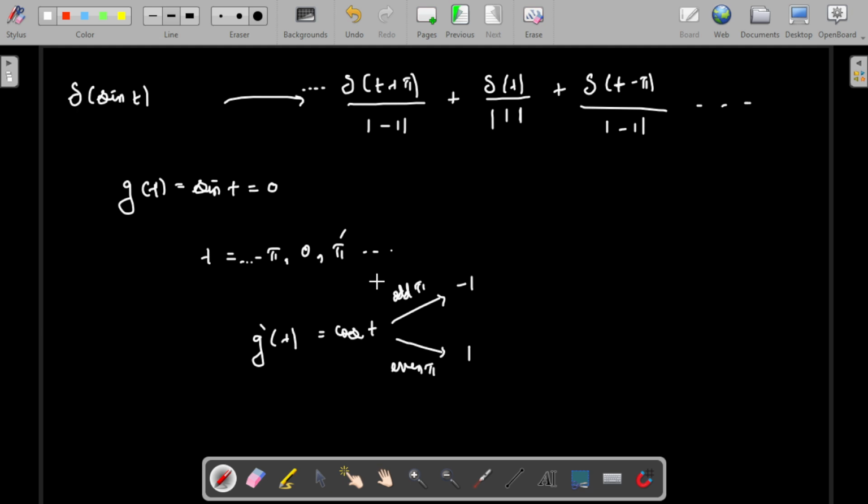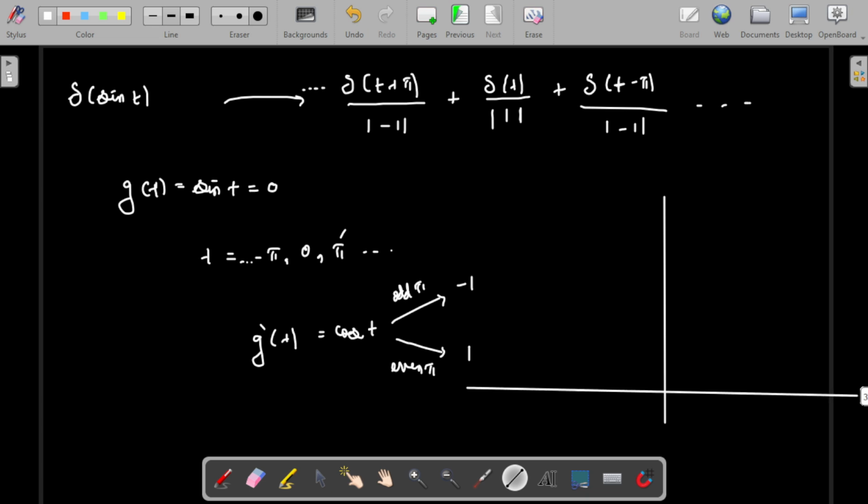So we can draw a diagram for this. Let me draw a diagram. This is how the delta of sine t diagram will look. The impulse functions will be at t equal to 0, and the impulse is shifted by pi, so I will write pi here, and the impulse is also shifted by minus pi, so I will write that here also.